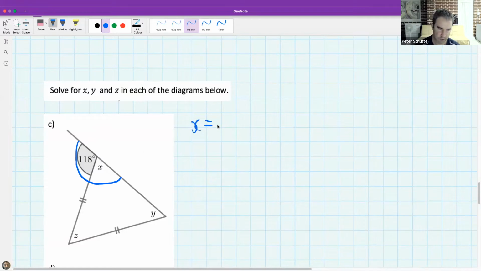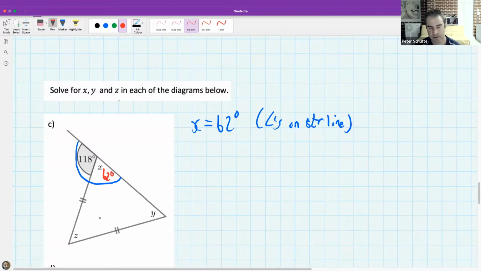Yes. So x is 62 degrees because you know that angles on a straight line will always add up to 180. And so you know that that must be 62. Okay, so you've used one of your tools. Now, what about y and z? Could you work out, given this drawing, what is y and z? What are those angles going to be?